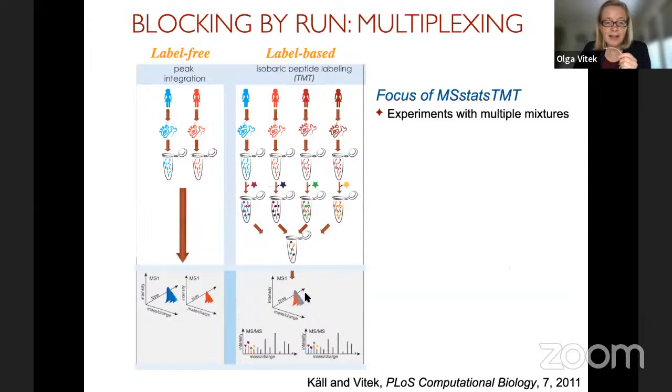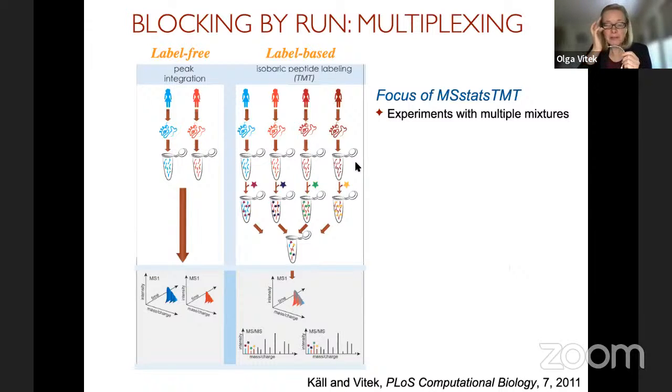The quantification occurs at the level of the secondary or tandem mass spectra. So we have reporter ions, which characterize each of the original samples. Now, instead of looking at the intensities of these peaks, we're looking at the intensities of the reporter ions. And we have to summarize all this information as pertained to the protein to ask whether, for example, the healthy sample is different from the various disease samples.